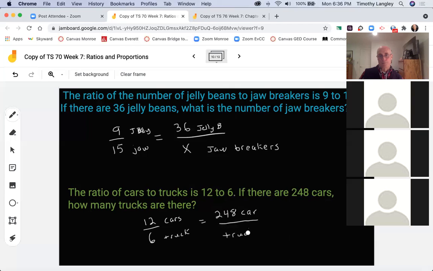In this case, you can use whatever variable you want. You could call it T for trucks, A, B, X, Y, doesn't matter, but you would be solving for how many trucks there are. So 12X or 12T equals whatever 6 times 248 is.